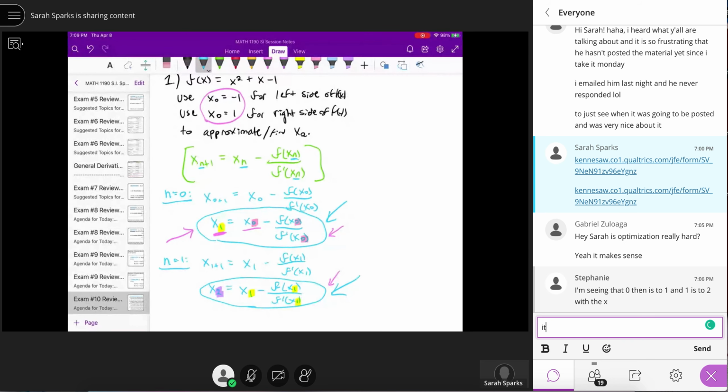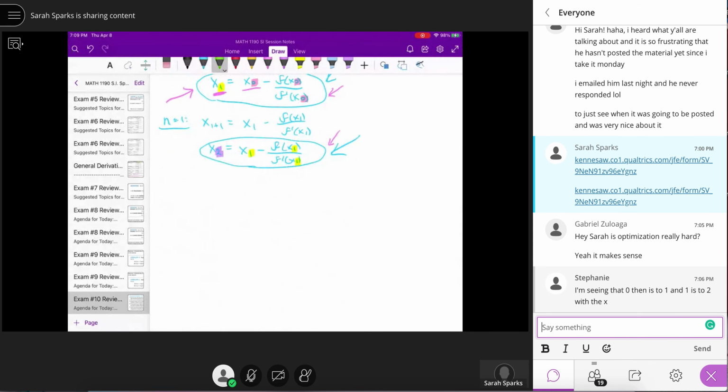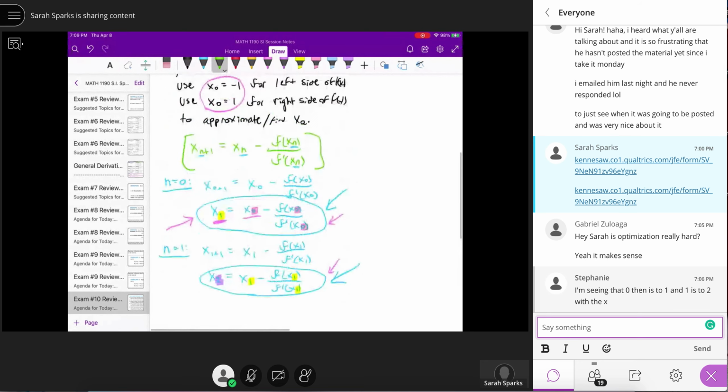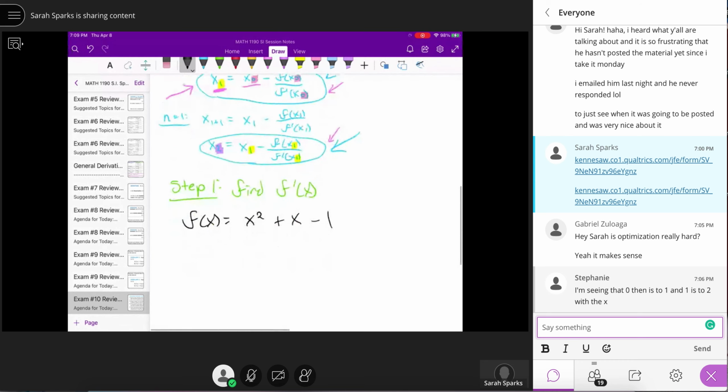All right, so after talking about that, we can go into actually starting the problem. So the first thing I really recommend you do is just take the derivative of f of x. So our step 1 is just to find f prime of x. Our f of x is x squared plus x minus 1.